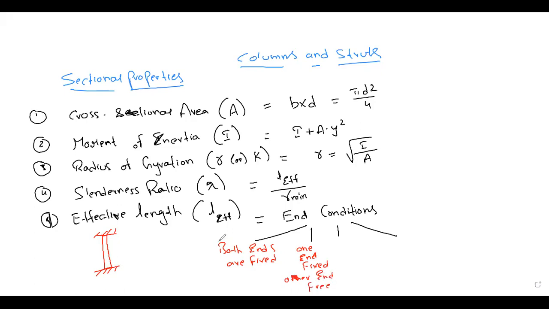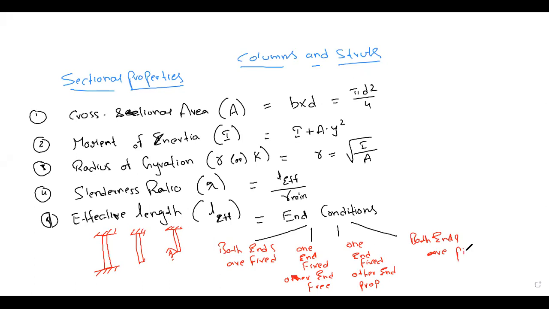Okay, so this is another end condition. So that means one end is fixed, other end is free. Okay, and the next condition is one end fixed, other end propped. So that means, okay, it is like this. Okay, so this is another end condition, and the last condition is both ends are pinned.